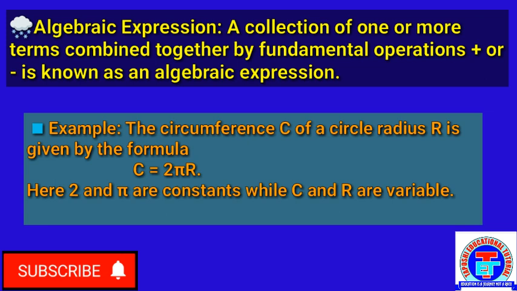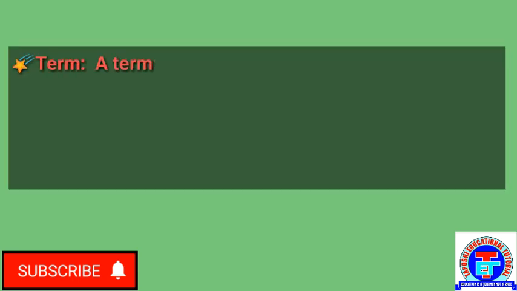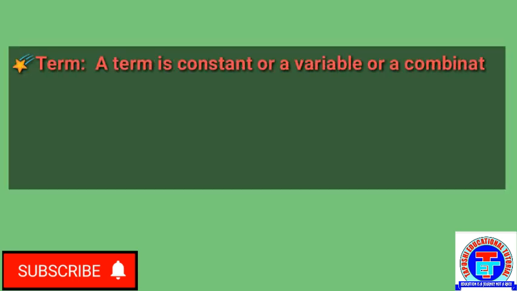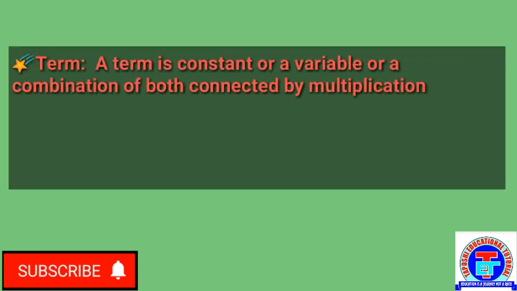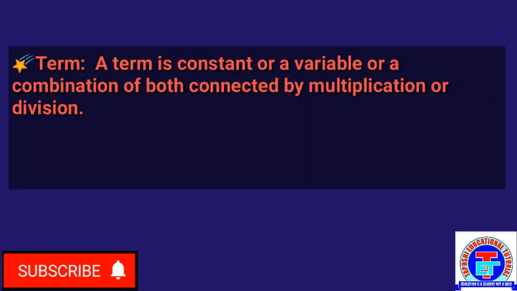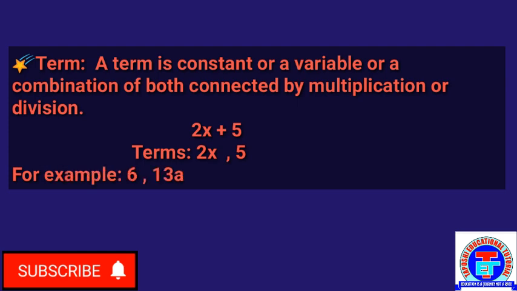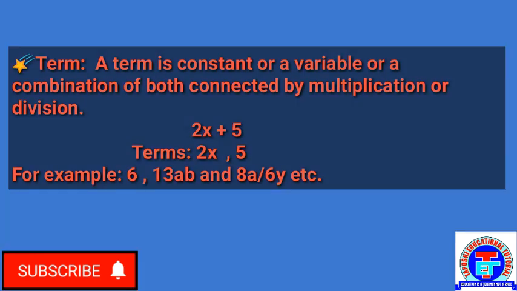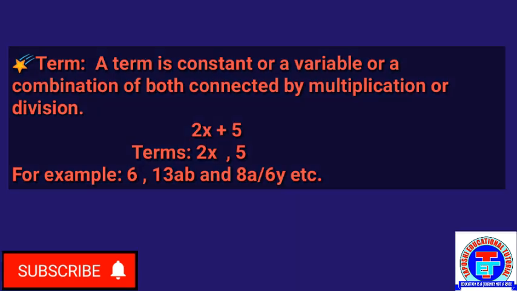Now, if I define term, a term is a constant or a variable or a combination of both connected by multiplication or division. For example, here 2x plus 5. Right. So 2x is a term and 5 also is a term. Here 6, 13ab and 8a by 6y are terms.